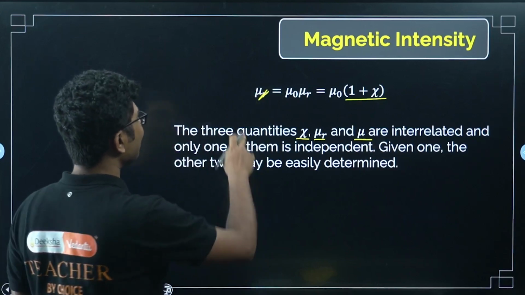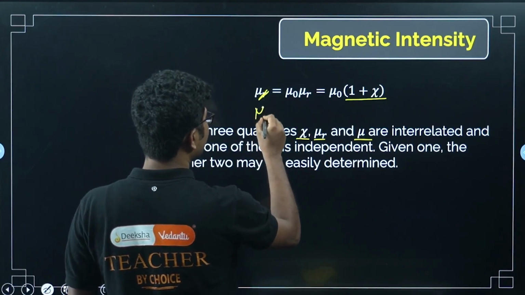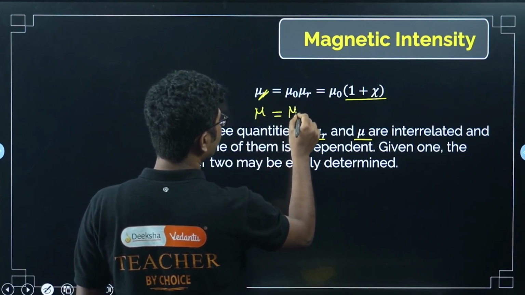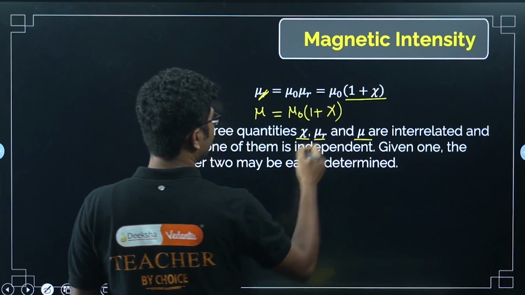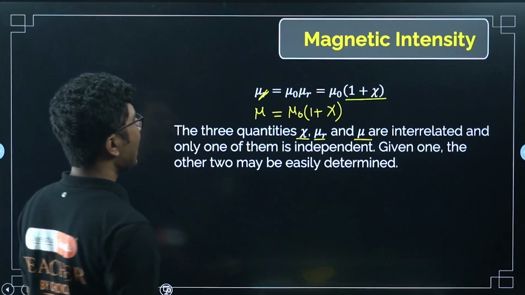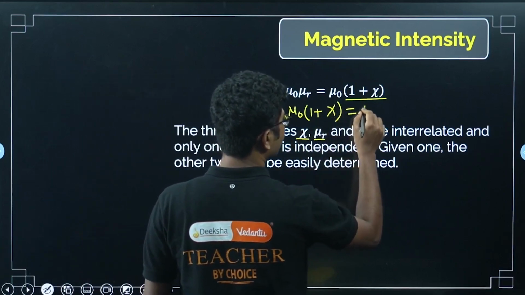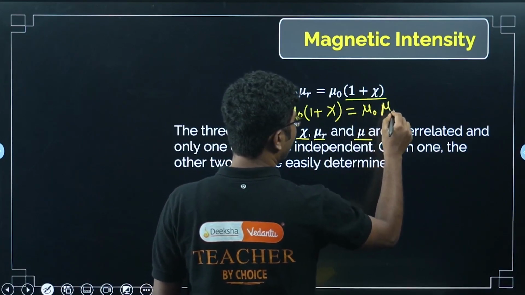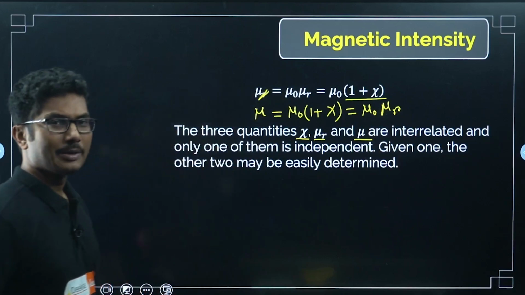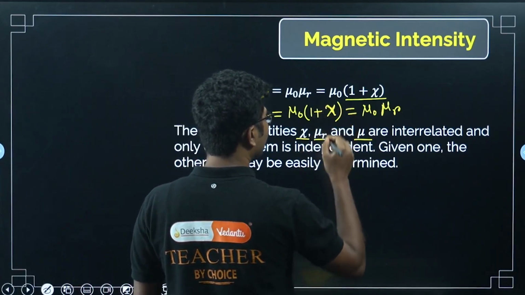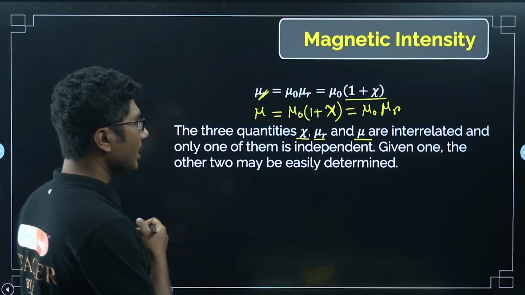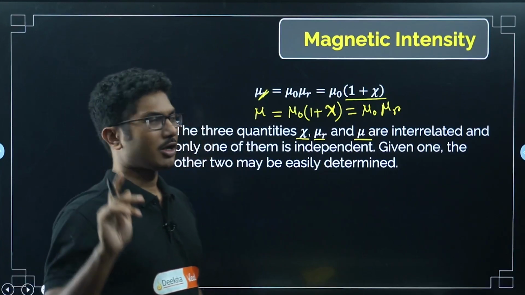Mu equals mu naught times 1 plus chi, right? This is also equal to mu naught mu R. You might think which one is independent, which one is dependent. So now you should remember that only one of them is independent.